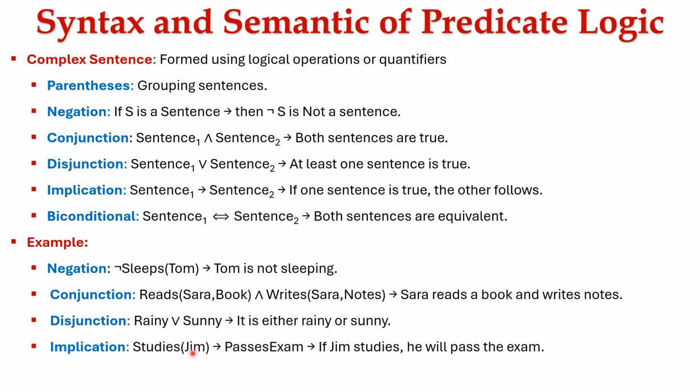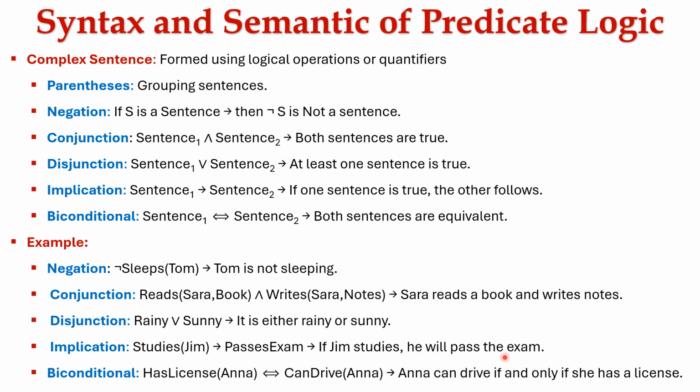Studies of Jim implies passes exam. This represents that if Jim studies, he will pass the exam. Next, biconditional. Has license of Anna, biconditional can drive of Anna. It represents that Anna can drive if and only if she has a license.